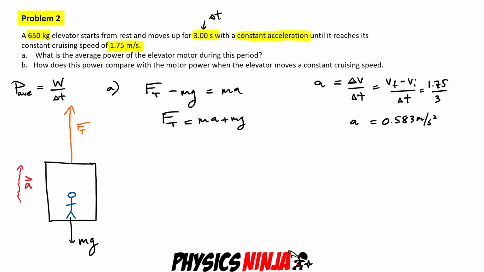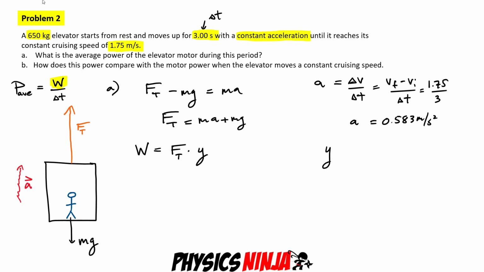Now I want to know the average power, so again, I need to know what this work is. That's the key. The work is going to be my applied force, that's my tension force, multiplied by how far I'm going up during this first 3 seconds, that is multiplied by some height y. So how do I calculate the height y if I'm accelerating?